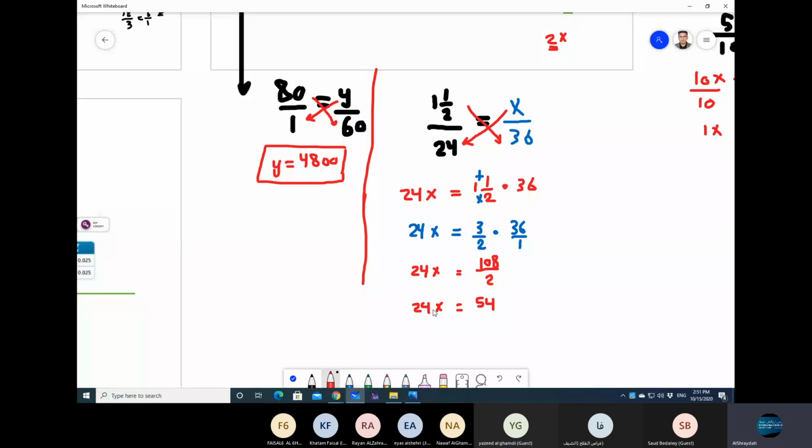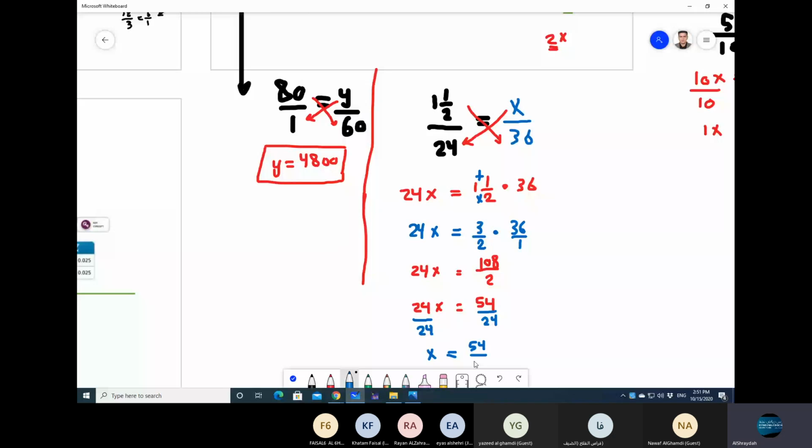To isolate x, again, you have to make the denominator equal to 1. So divide it by 24. Divide this 54 by 24. So now x is isolated. x equals 54 divided by 24.